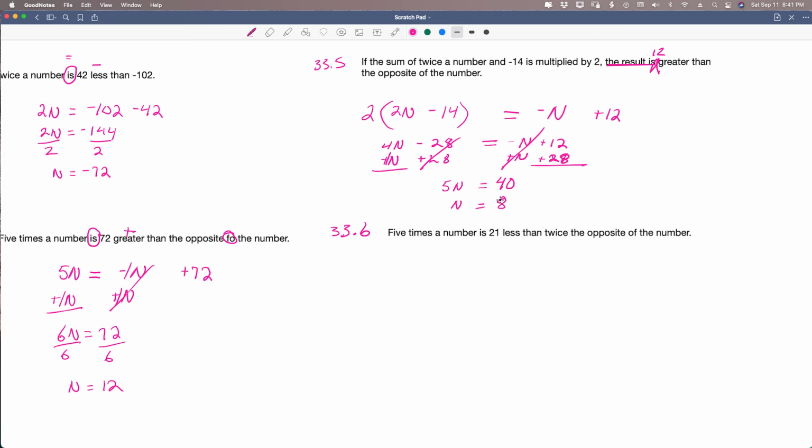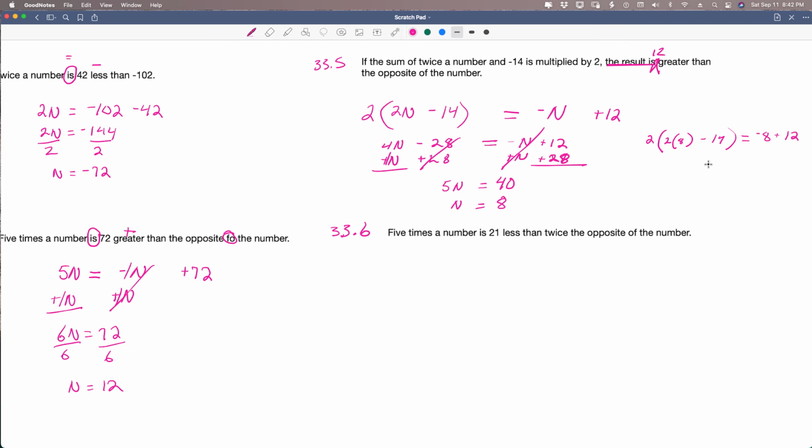Now the way we can check that to make sure that we got the right answer is to take the value of 8 and substitute it back in for n in our problem. So let's check our work and see if that really is true. So 2, let's drop 2 times 8 in here, minus 14 equals negative 8 plus 12.